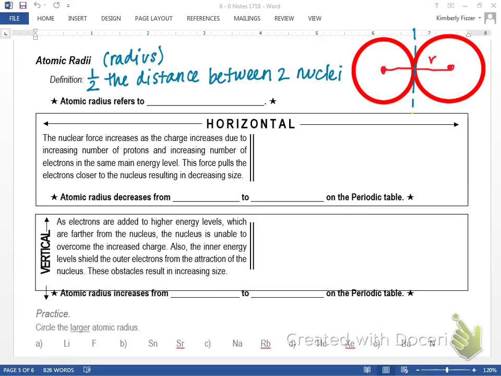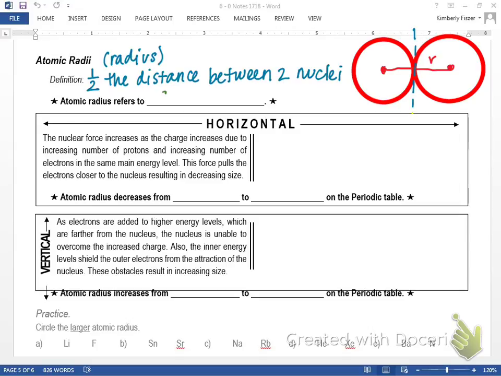Atomic radius. The reason we talk about the radius of an atom is because it's going to tell me how... It tells me how... The atomic radius tells me how big my atom is.